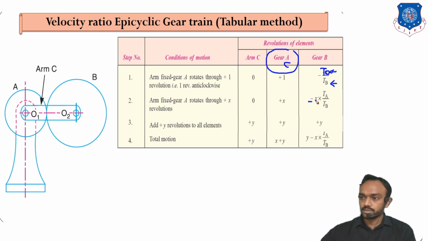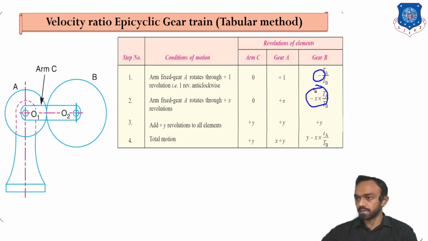Okay, so minus x. Why is there a minus x? You know that if I give anti-clockwise direction, which we consider as plus, then this gear B will rotate in a clockwise direction, so indirectly it will be considered as a minus. That's why the minus sign is taken here, because our assumption is +1 anti-clockwise direction, and here plus x revolution, which is also anti-clockwise.